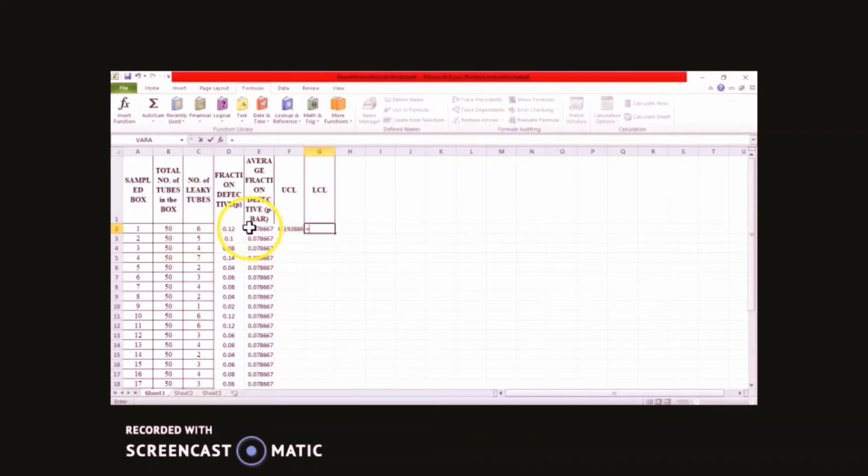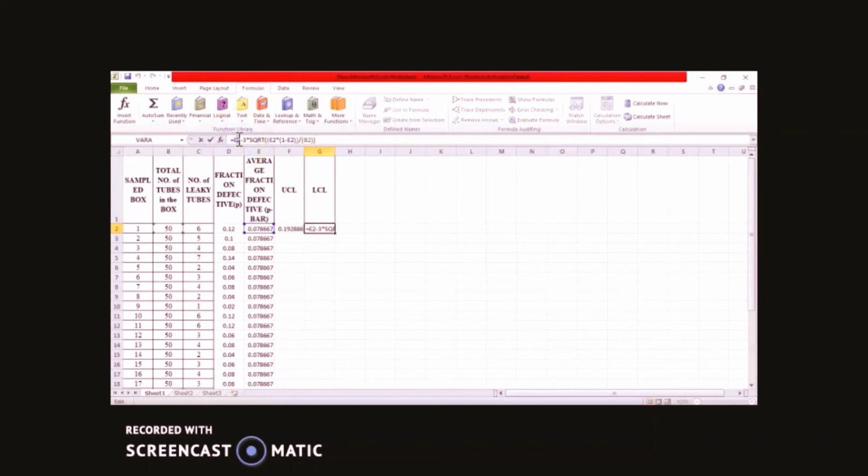So it will be P bar again minus 3 into the square root value of P bar into 1 minus P bar divided by the total number of tubes. Fine. Let's see. So this is the value for the lower control limit.